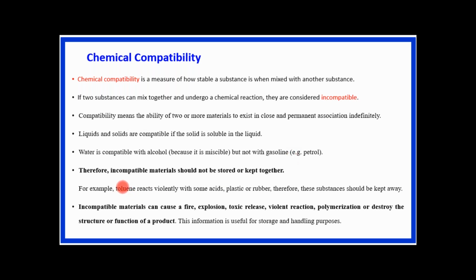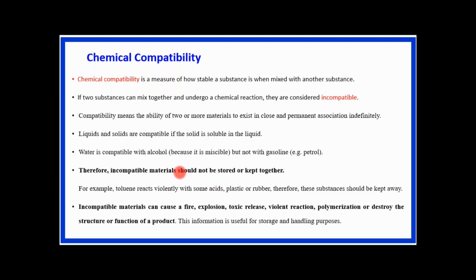For example, toluene reacts violently with some acids, plastics, and rubber, and therefore these substances should be kept away. So toluene reacts with the acid, toluene reacts with the plastic, toluene reacts with the rubber.